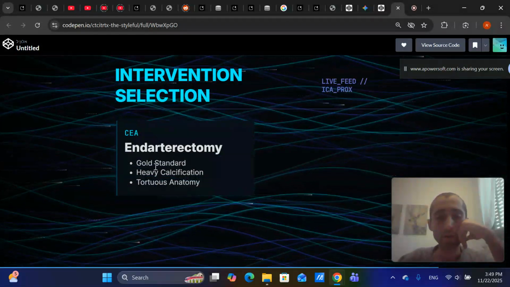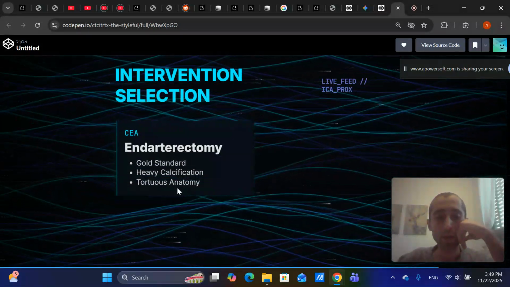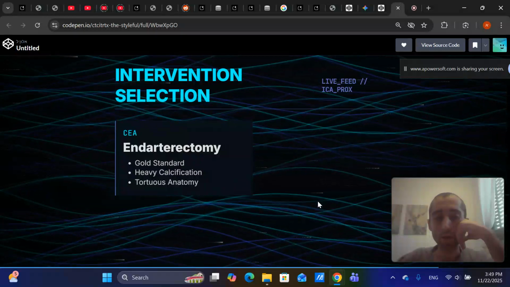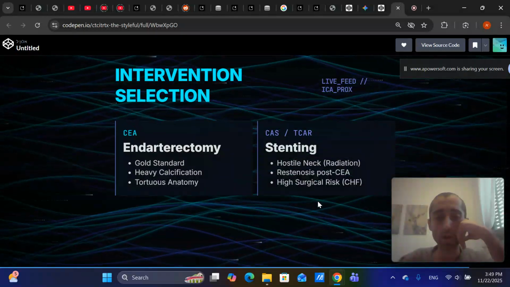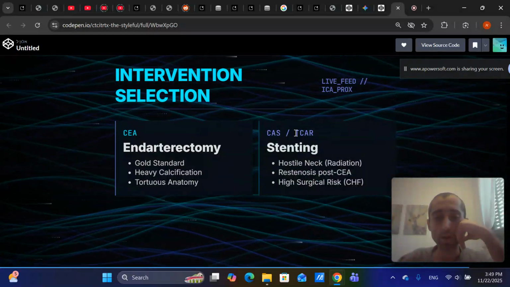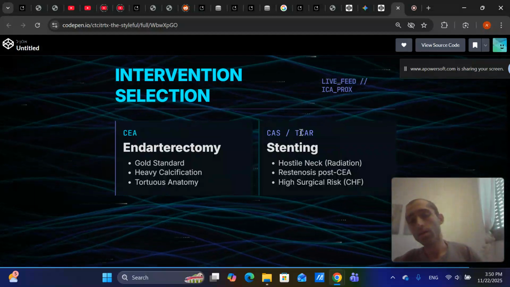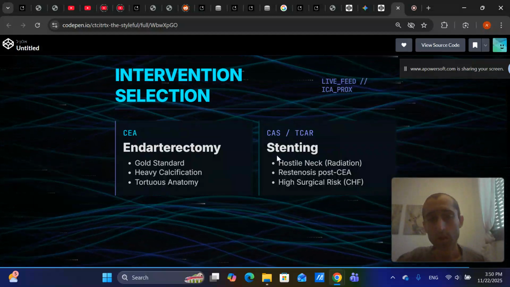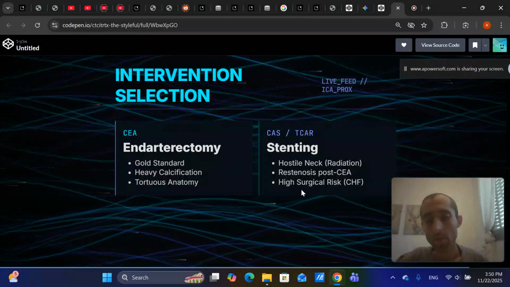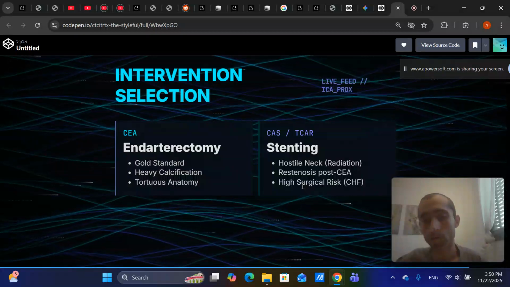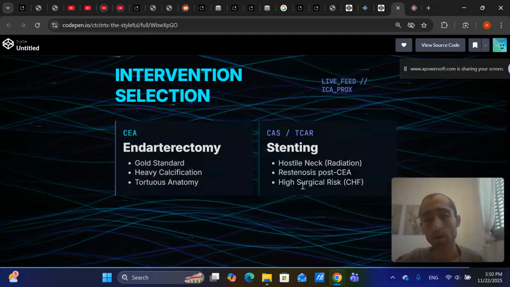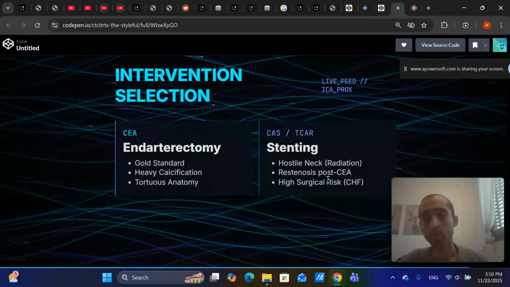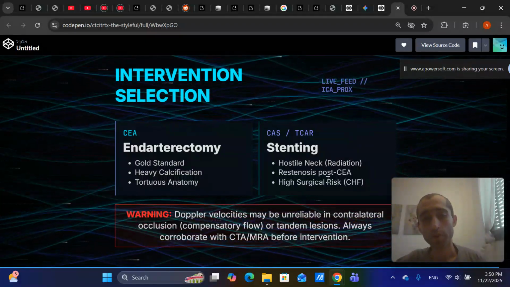So carotid endarterectomy, gold standard, heavy calcification and tortuous anatomy, those are the ones that fit carotid endarterectomy. While stenting, the carotid artery stenting, is for patients that don't really fit carotid endarterectomy. They are too risky for this surgical treatment, so choose this one.